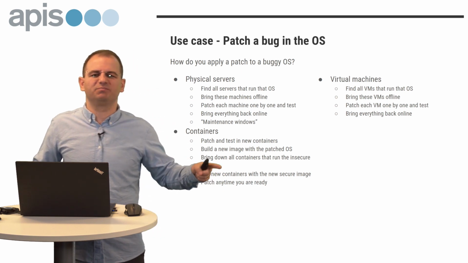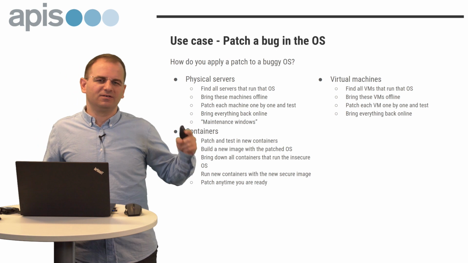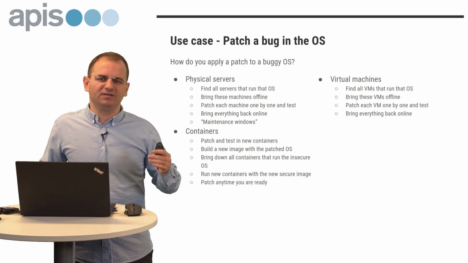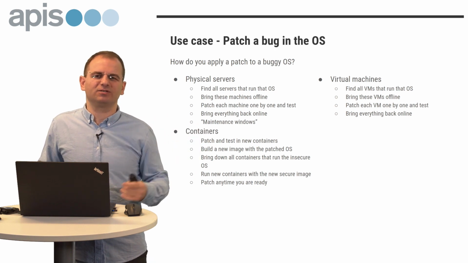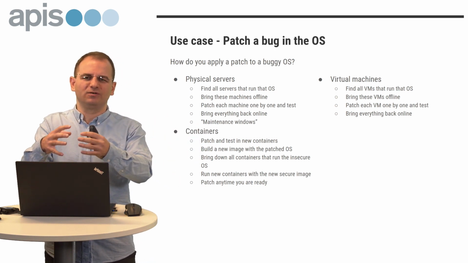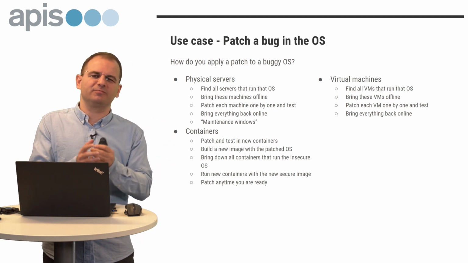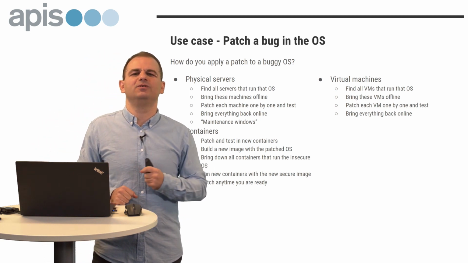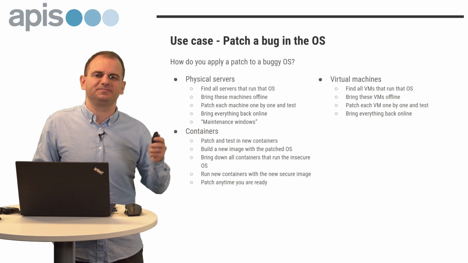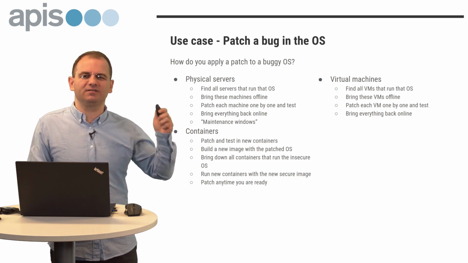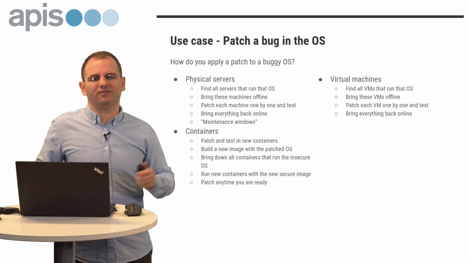You still need to test beforehand on your testing environment or staging, but the actual deployment to production is in seconds as soon as your testers or QA department has confirmed that everything is okay with the new images and the new containers. Huge step up, huge time saving, huge effort saving.